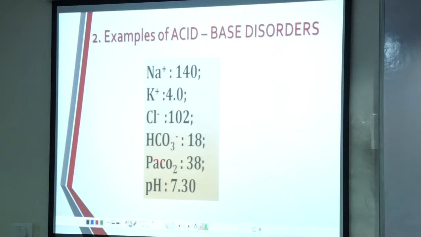What about 38? Is it about respiratory alkalosis? What is this? Respiratory acidosis. Beautiful.